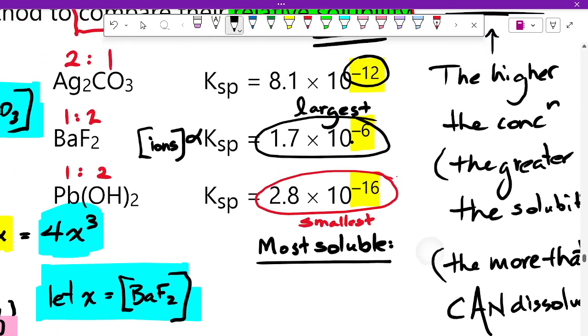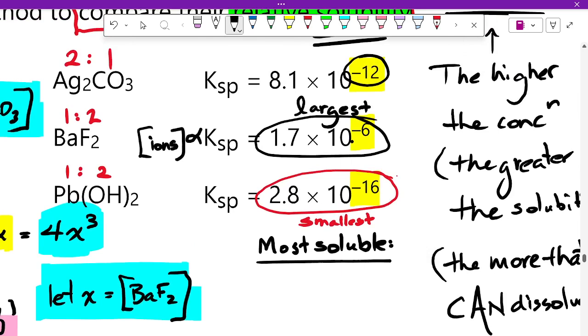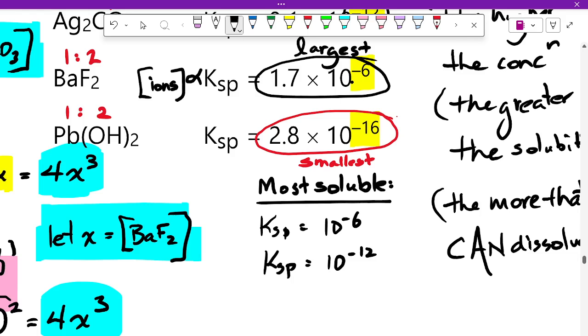I'm going to put them in order from KSP biggest to KSP smallest. So that's our biggest to smallest.